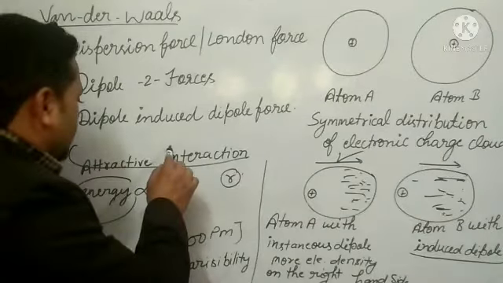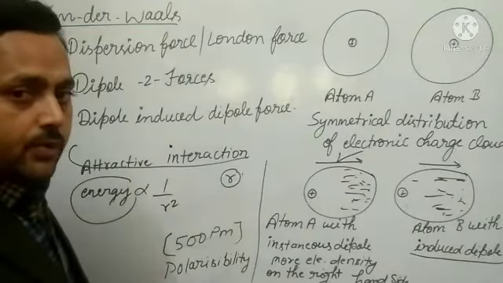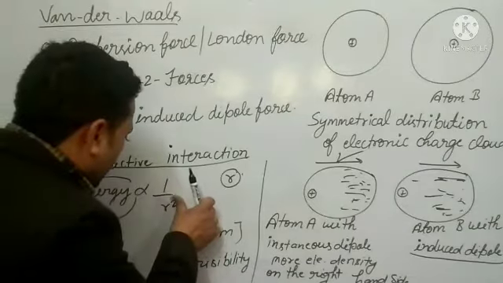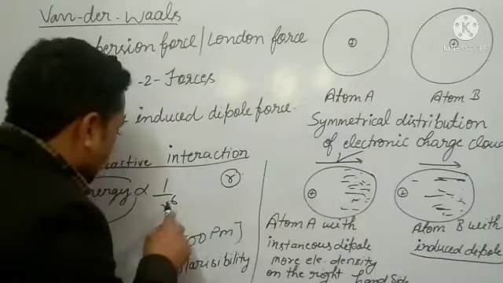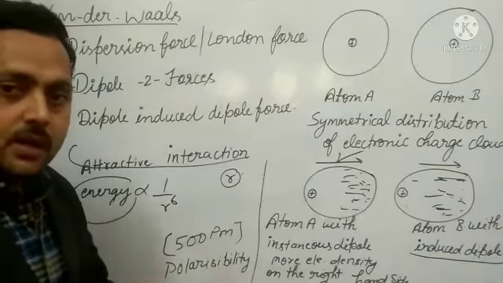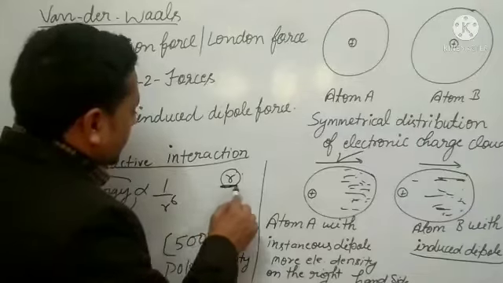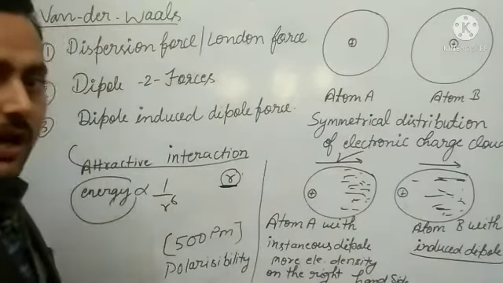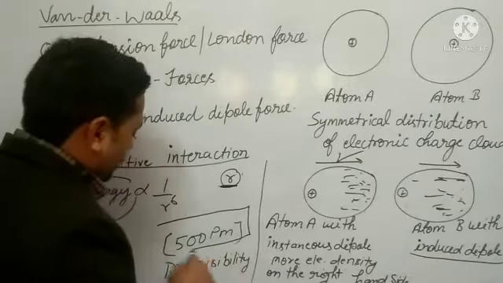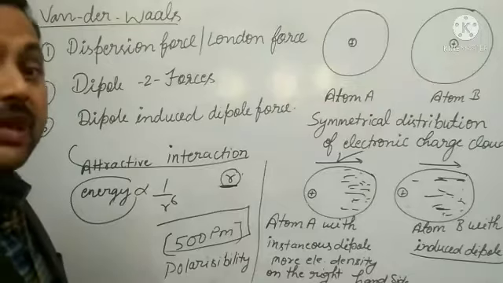It is inversely proportional to the sixth power of r, the distance between the two interacting species. R is the distance, and it is applicable up to 500 pm, picometer.